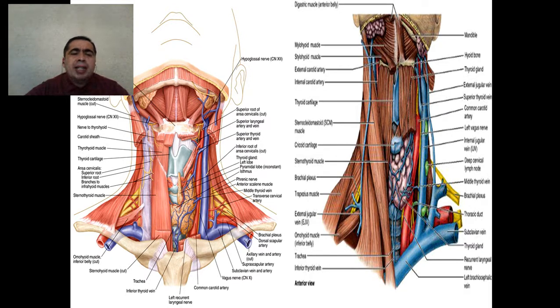It's just located under the platysma, and the next one, the proper fascia of the neck, or the pretracheal layer. The pretracheal layer of the fascia is considered the proper fascia of the neck, and it has superficial and deep portions. Don't confuse it, please.